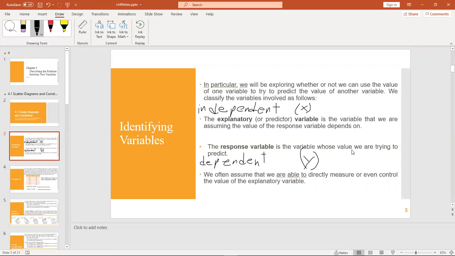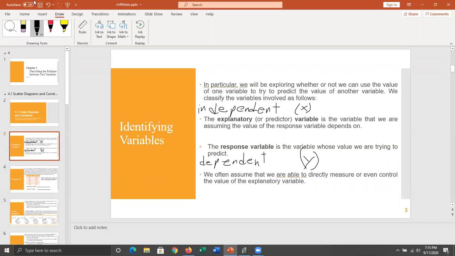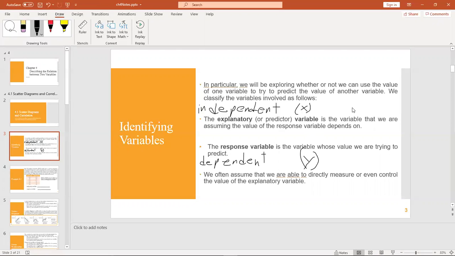And so the idea is that the explanatory variable is one that you have more direct control over, as opposed to the response variable, which is one that you don't have as much direct control over.